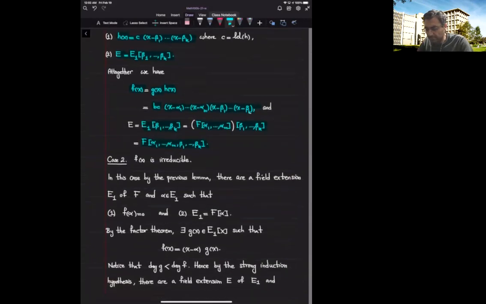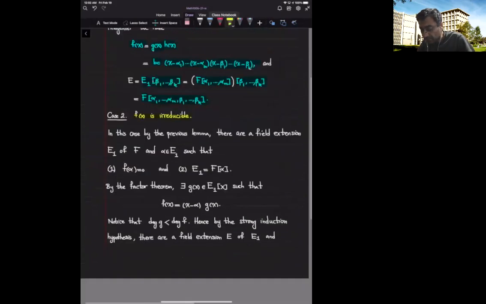Now, what happens if it is irreducible? When f is irreducible, then first we are going to find a degree 1 factor by extending my base field. By the lemma that we proved, we can find some field extension that we denote again by E1 this time as well, and some element alpha 1 of E1 that is a zero of f, and E1 is nothing but the ring generated by F and alpha 1.